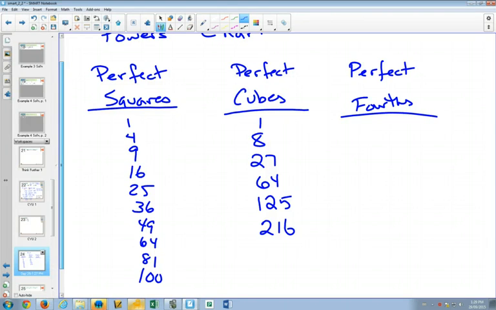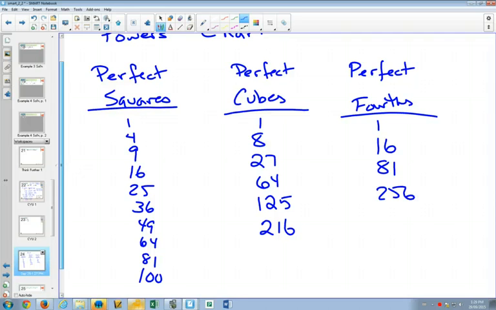And same thing with perfect fourths. You get 1 times 1 times 1 times 1 is 1. 2 times 2 times 2 times 2 is 16. 3 times 3 times 3 times 3 is 81. And usually that's as high as your values go for that. But if you want, 4 times 4 times 4 times 4 is 256.